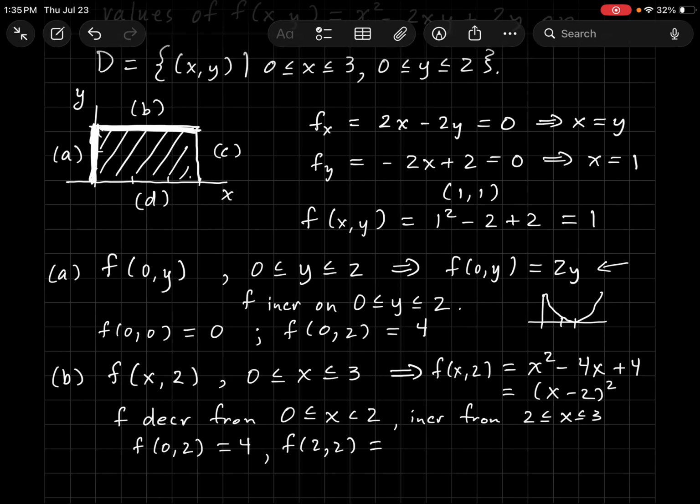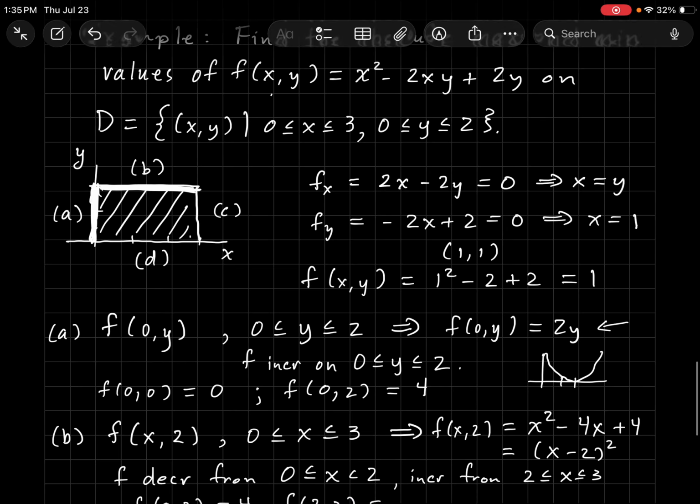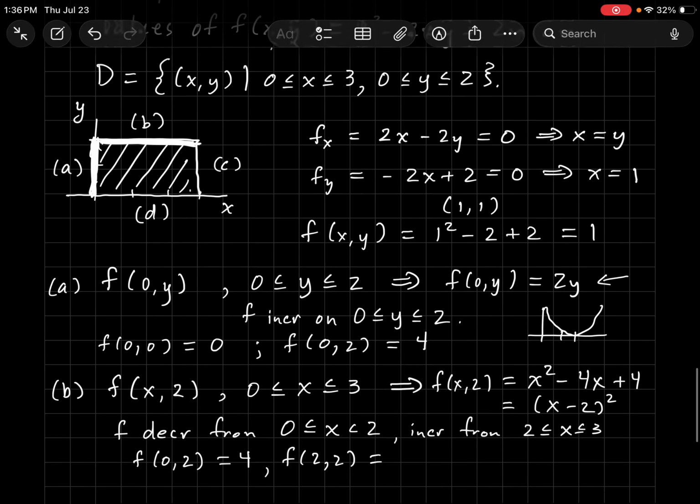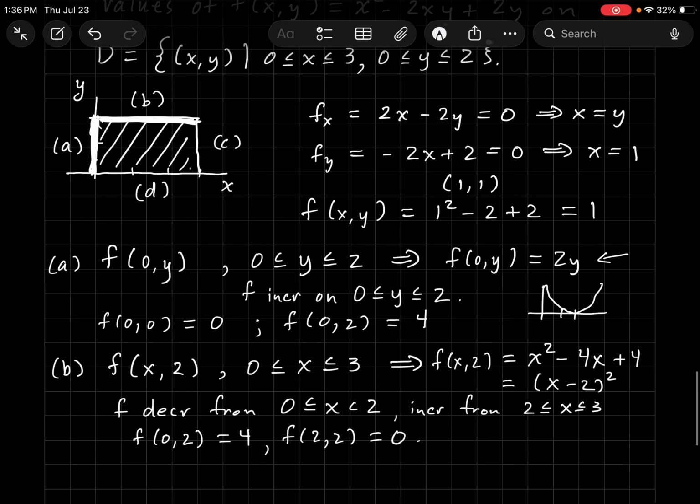So f of 2, 2, if I were to plug it back into my function, is going to give me 0. And then f is increasing again, so I need to check the far endpoint. So x is 3 and y is still 2. And when I plug that in, we get the value 1.